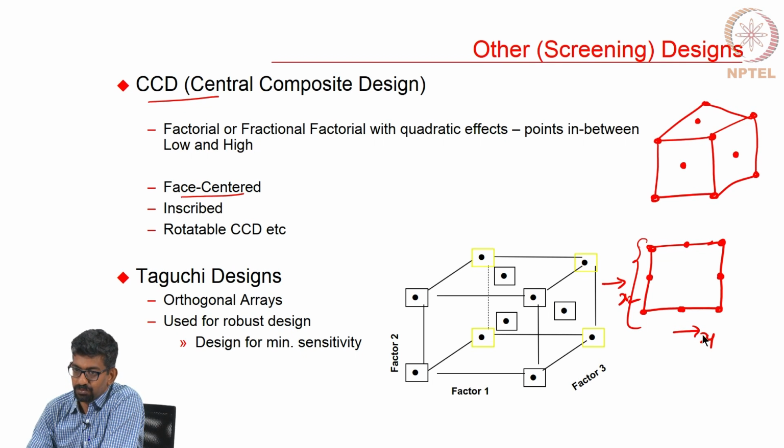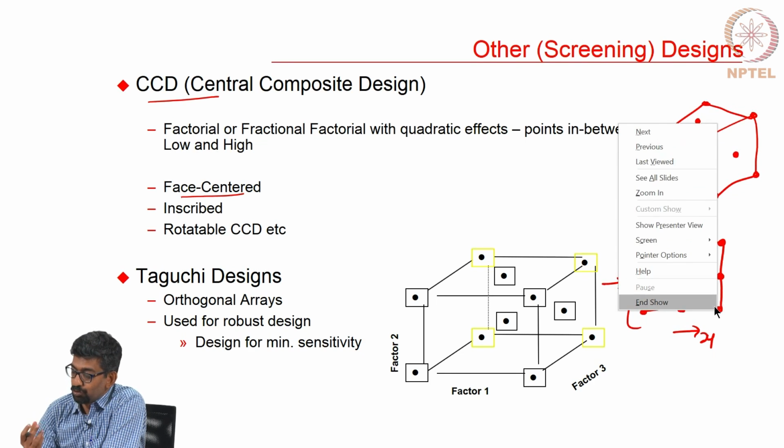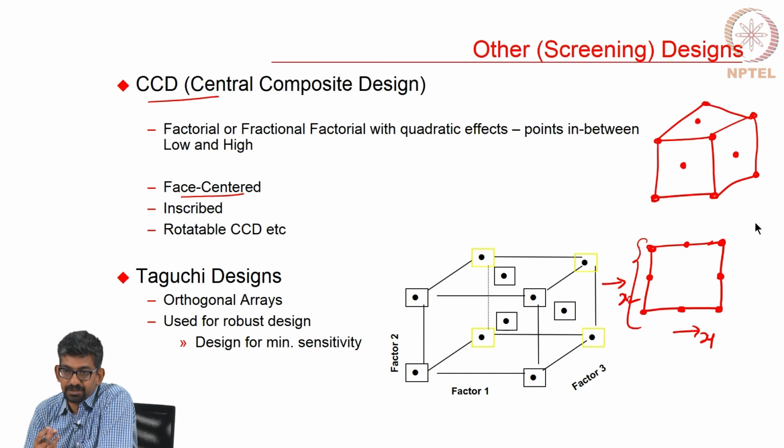If you take x1, x2, what is happening is in this particular line, my x2 values are the same. For these 3 points, my x2 values are the same. So, though I am doing 3 experiments, with respect to x2 I am getting only 1 information value. So is the case with anything.